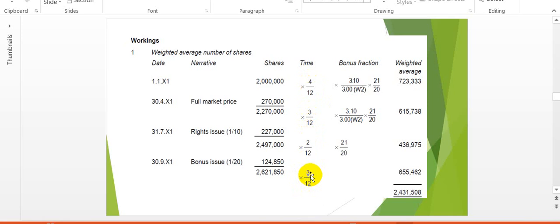So we now compute our bonus fraction. Remember, the bonus fraction is applied retrospectively, meaning you go backwards to the months before.